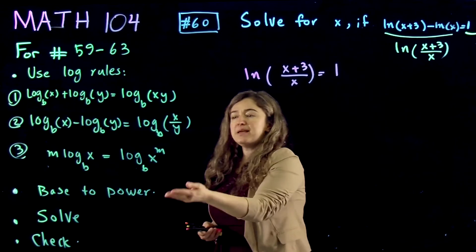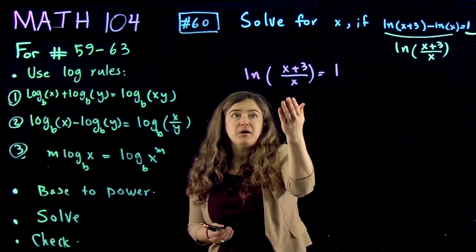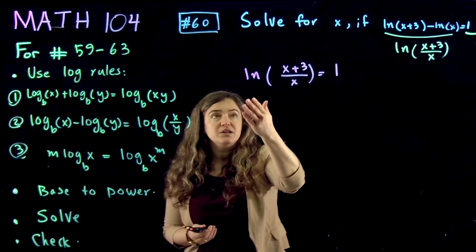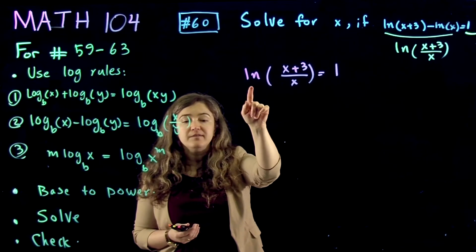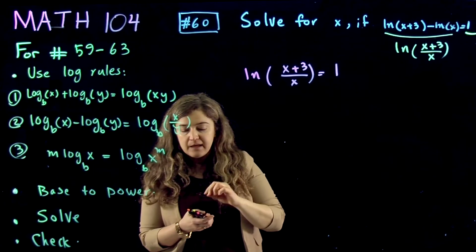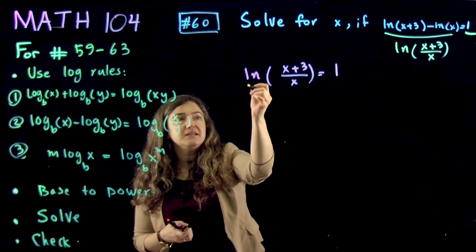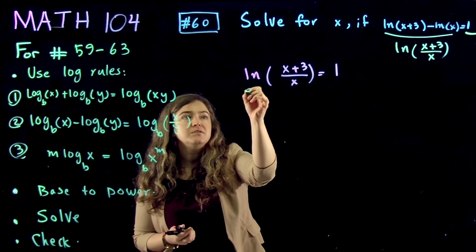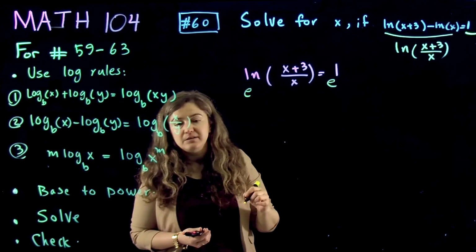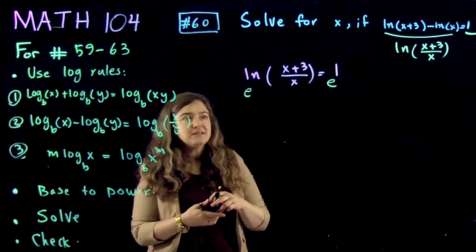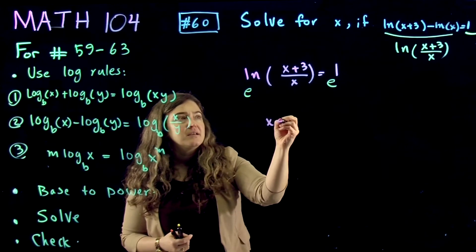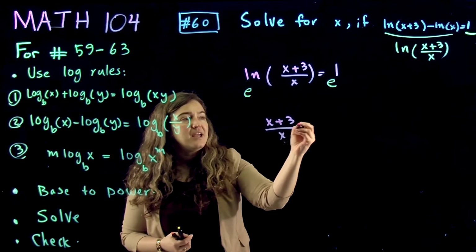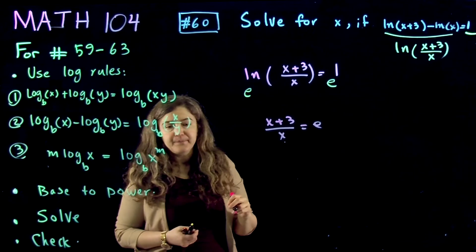Now, base to power, because I want to use the inverse function to get rid of the ln in here. The base of natural log is e, so it's going to be e to the power. And so we end up with x plus 3 divided by x is equal to e.